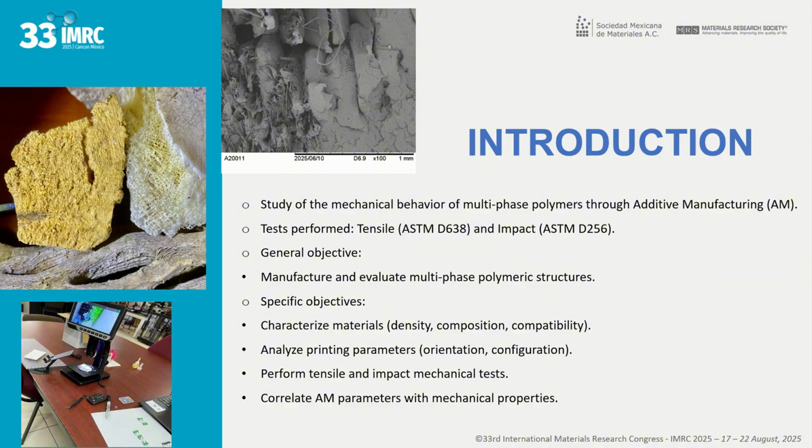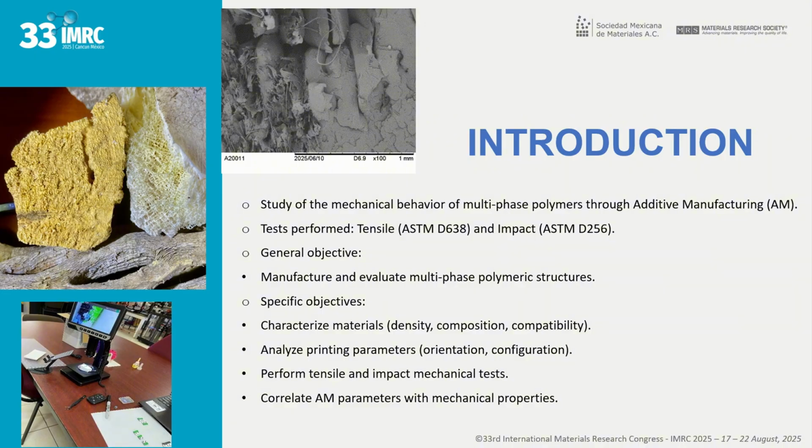The general objective is to manufacture and evaluate multiphase polymeric structures. A specific objective is to characterize the physical properties of the materials used, considering factors such as density, composition, and compatibility between phases, analyzing print parameters that influence the mechanical behavior of multiphase structures, such as the printing orientation and the configuration of the polymers.